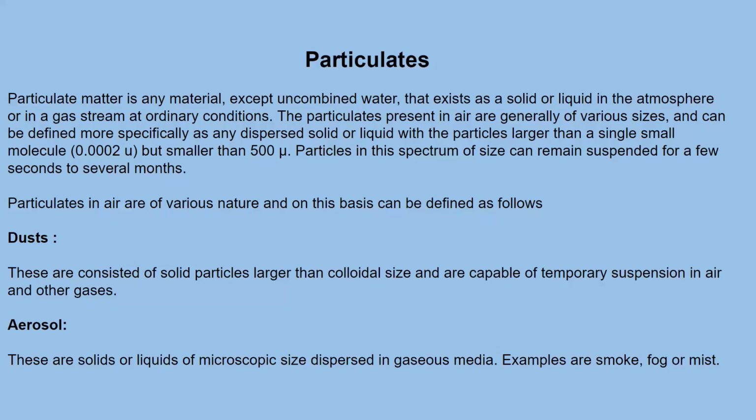Particulates with size more than 1 micron get settled on the earth's surface because of their density. Some particulates have very little density, less than the air, and due to this they can easily remain suspended in the air.